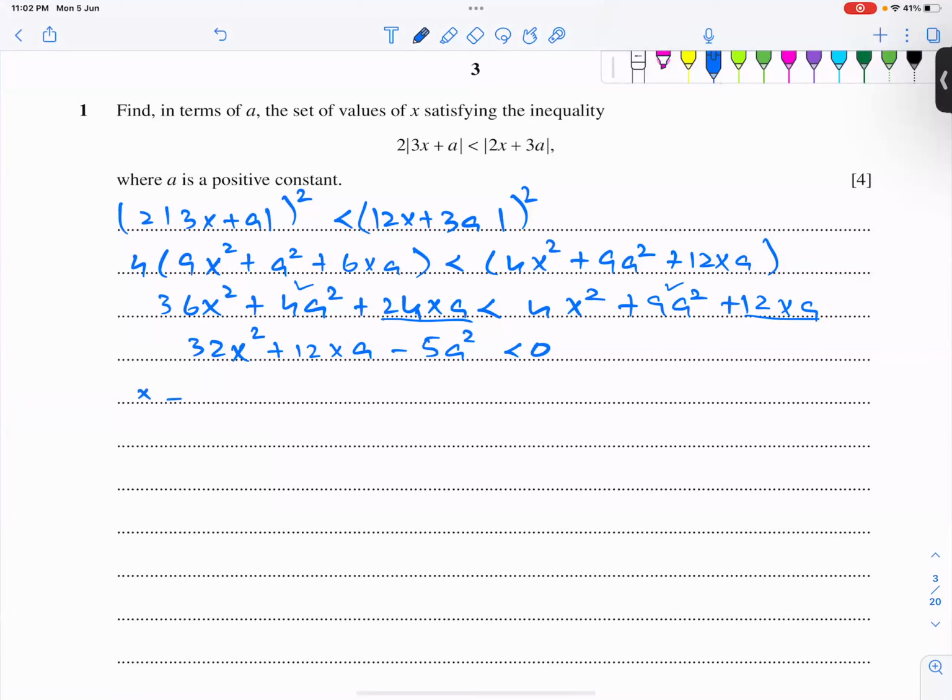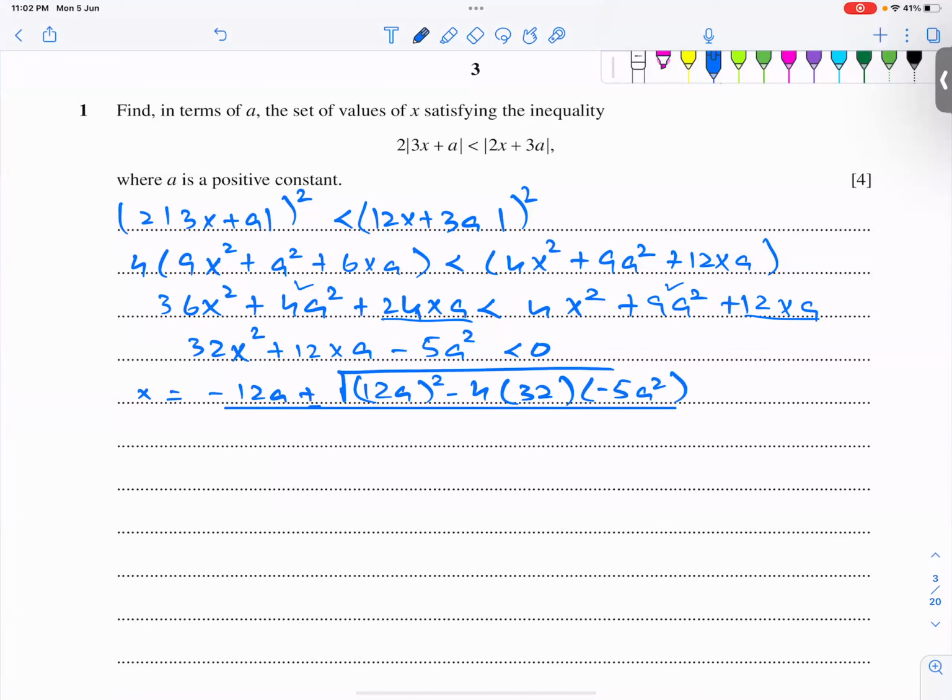So x is equal to minus b. Now our b is 12a, plus minus square root of b square, 12a square minus 4 times a into c, whole divided by 2a, 2 times 32.